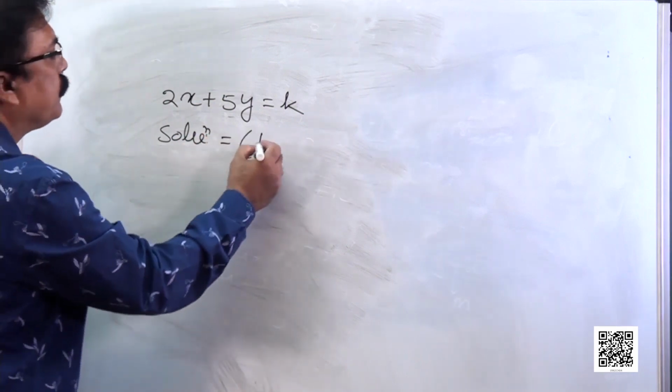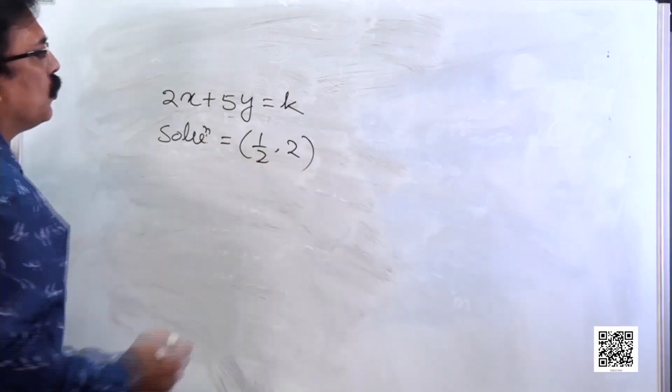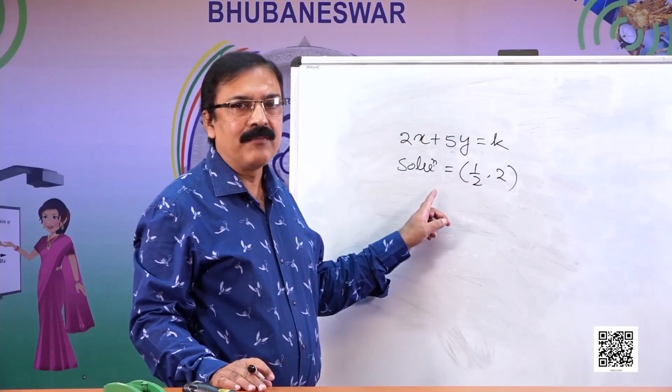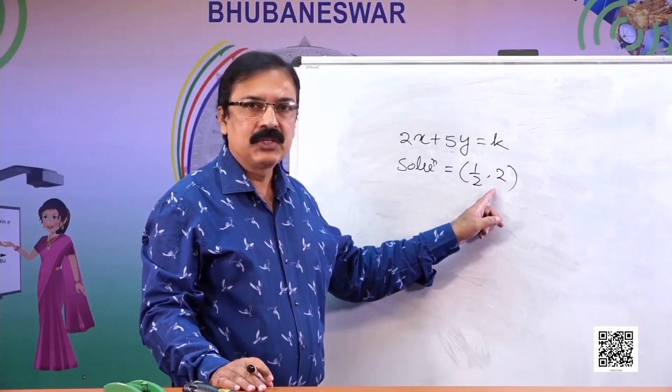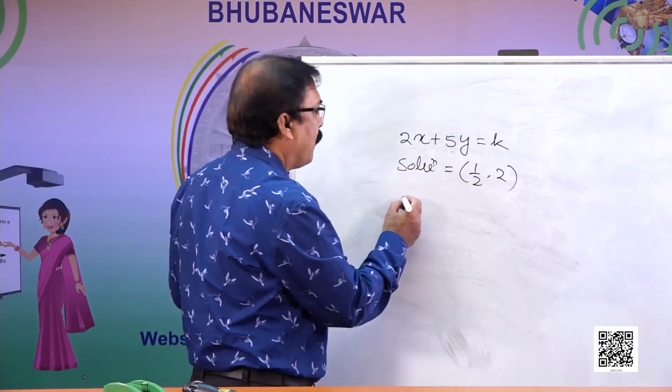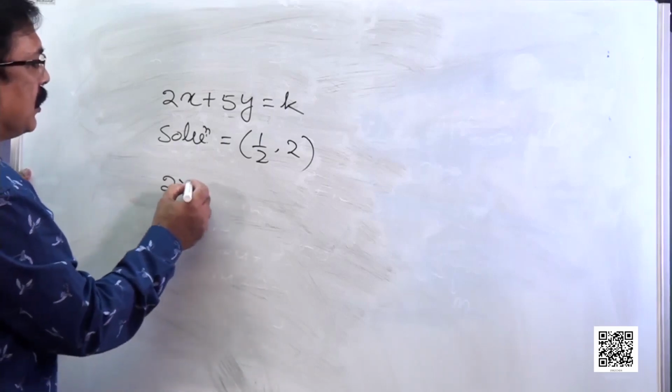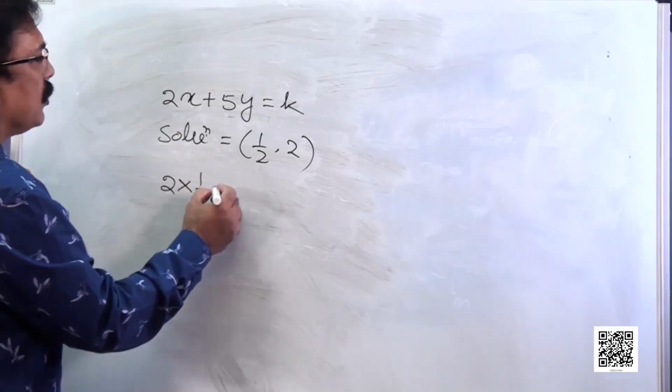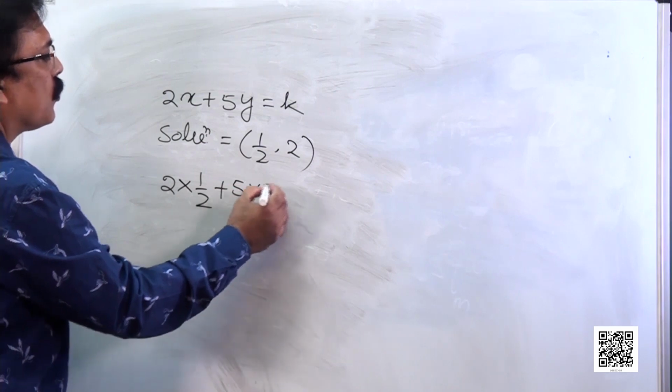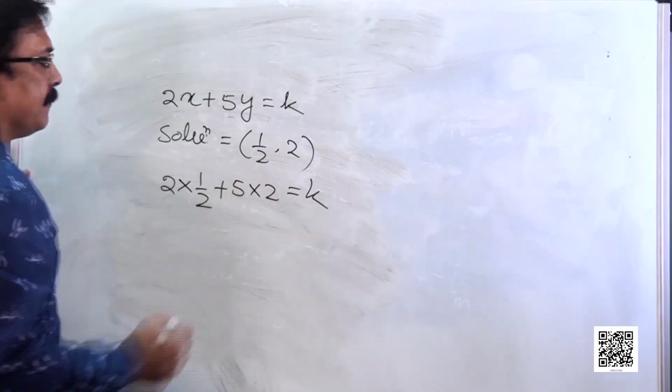The solution is 1 by 2 and 2. That means the value of x is 1 by 2 and the value of y is 2. Put the values in this equation: 2 into 1 by 2 plus 5 into 2 is k.